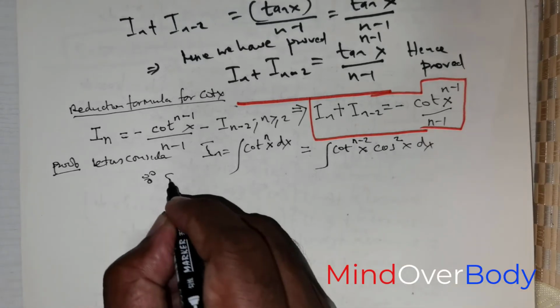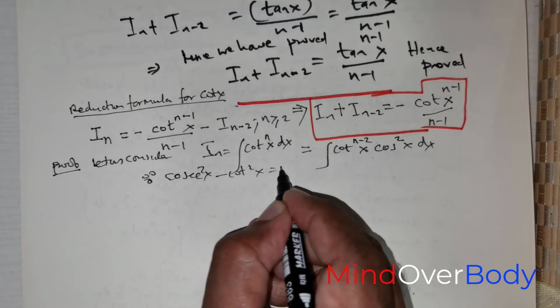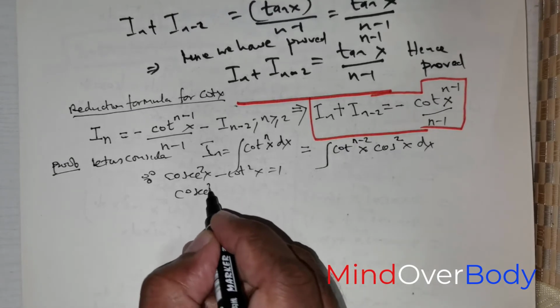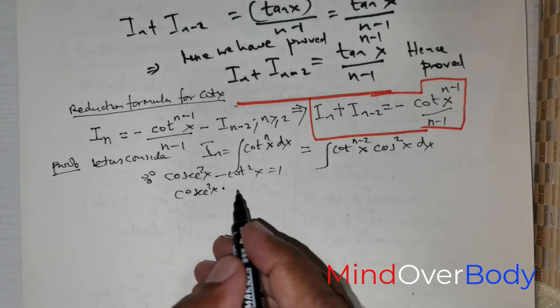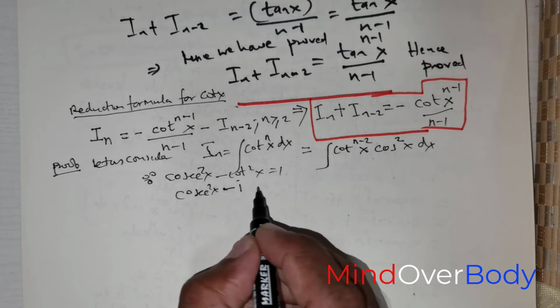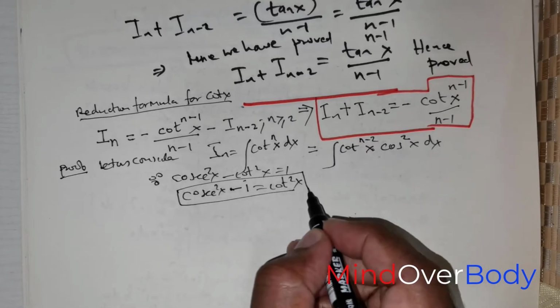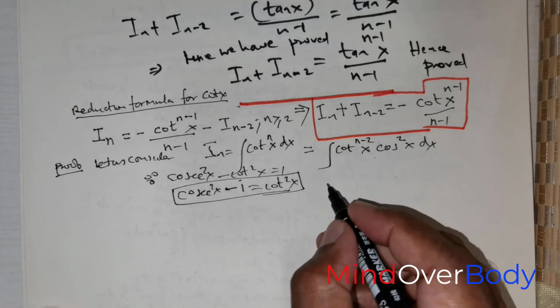But we know that cosecant squared x negative cot squared x is equal to 1. So in fact I need to extract cot squared x, right? So bring this negative 1 to this side and push the cot squared x to the other side. So you got cosecant squared x negative 1 is equal to cot squared x.